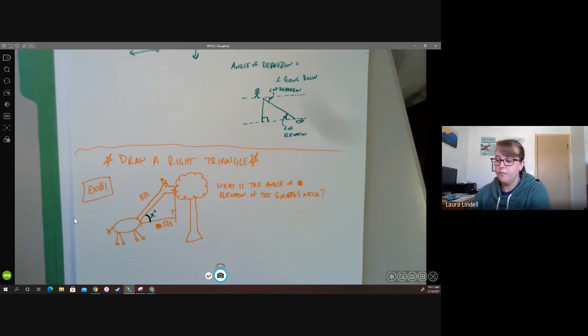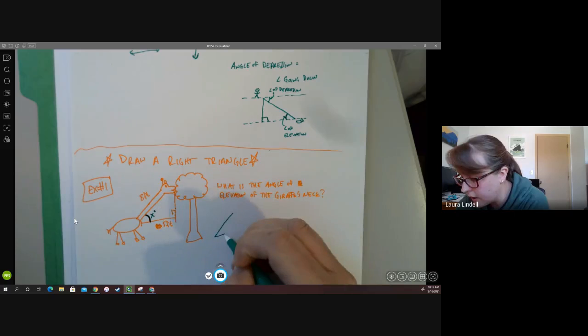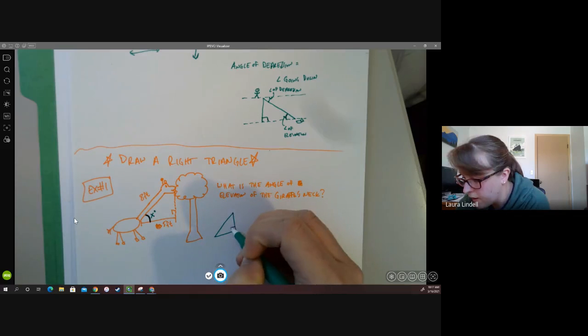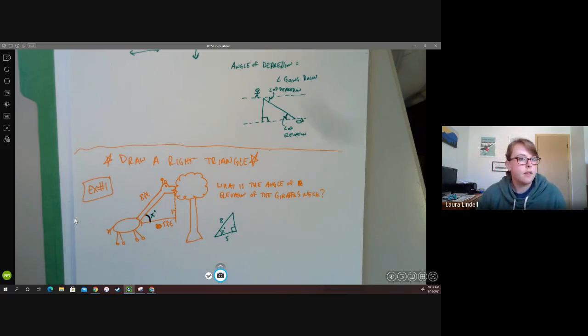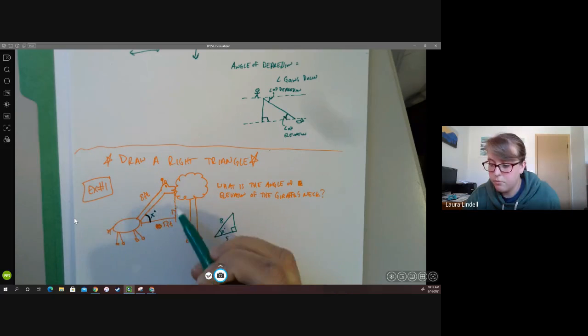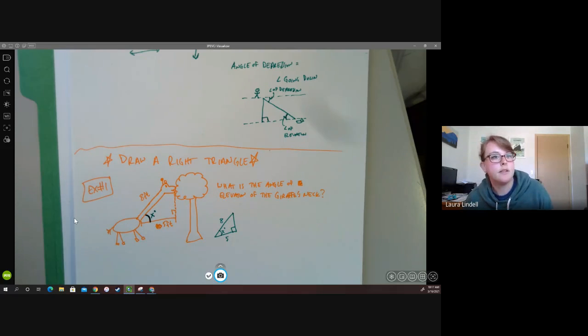So you can pull from this just the triangle itself: we have 8 feet, we have 5 feet, and we have the angle that we are missing. Or you can look at it as the word problem, or as the picture problem. It doesn't really matter either way, you're looking at the same kind of triangle.